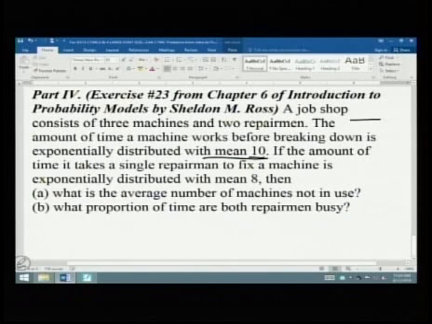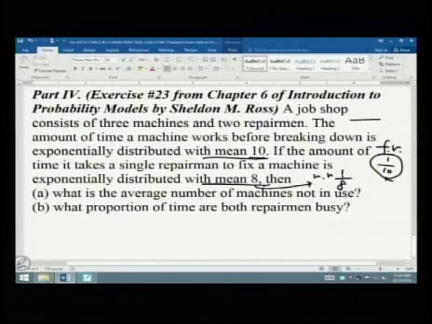So what is the failure rate then? 1 over 10, right? 1 over 10 is the failure rate. Then what is the repair rate? Repair time is given as 8. So repair rate would be 1 over 8. Is that right?